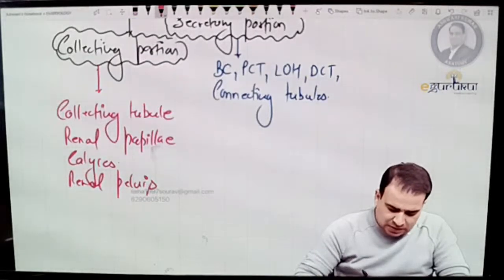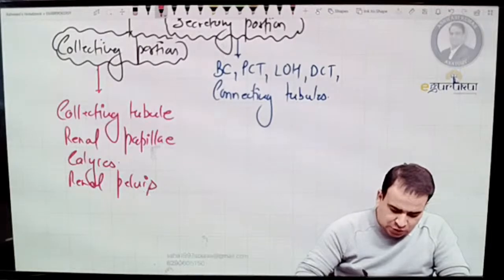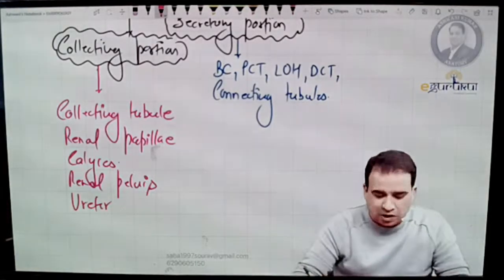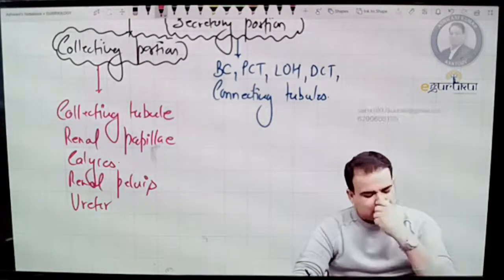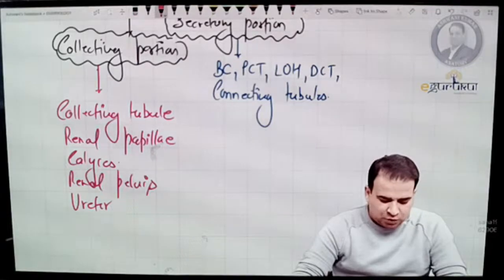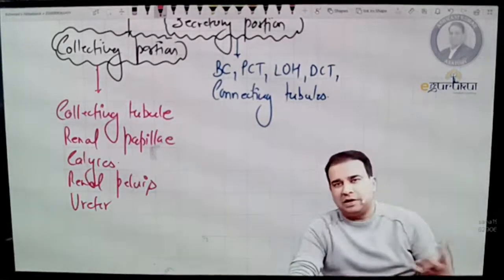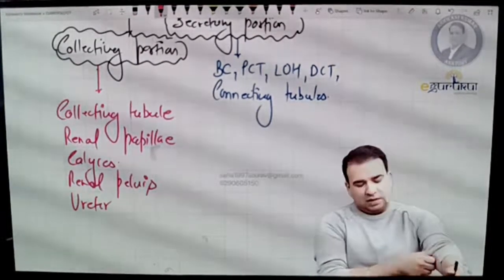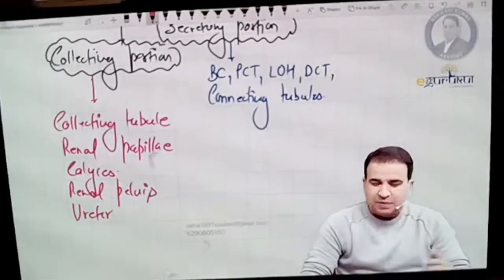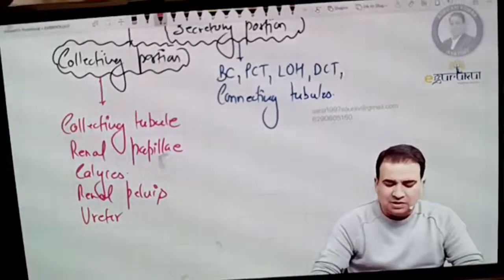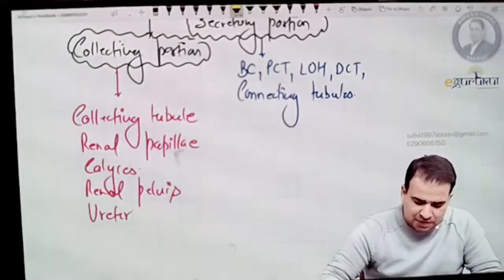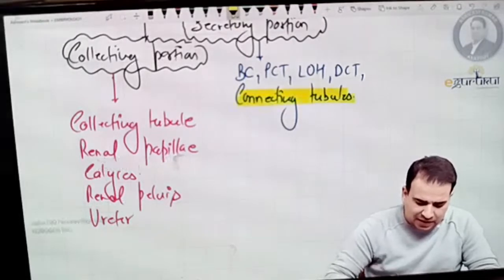It will also give rise, obviously, to the ureter. That's the ureteric bud we are talking about. So even the ureter is derived from this ureteric bud. So all the collecting portion of the kidney is coming from the ureteric bud, and the secretory portion, PCT, loop of Henle, DCT, is all derived from the metanephric blastema. Just be a bit careful about this connecting and collecting thing.